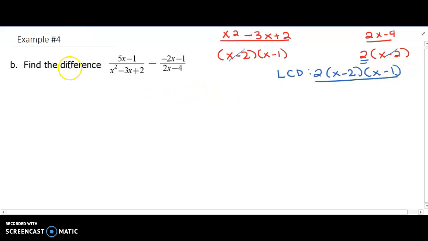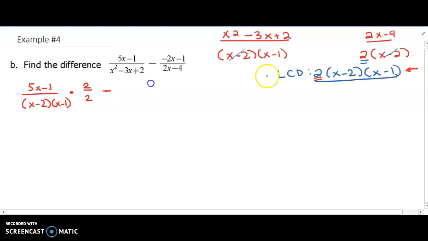So I'm going to rewrite this. So (5x - 1) over, and I'm going to write this in factored form, which is just (x - 2)(x - 1). And if I compare this denominator to our least common denominator, the only thing I'm missing is the 2. So I'm going to multiply it by 2 over 2.